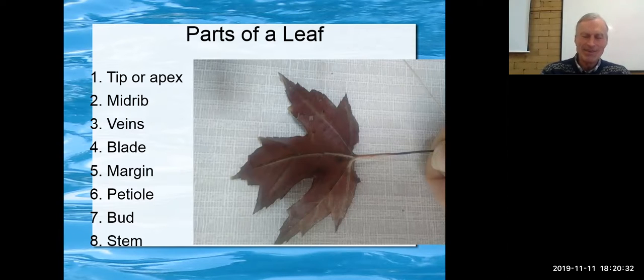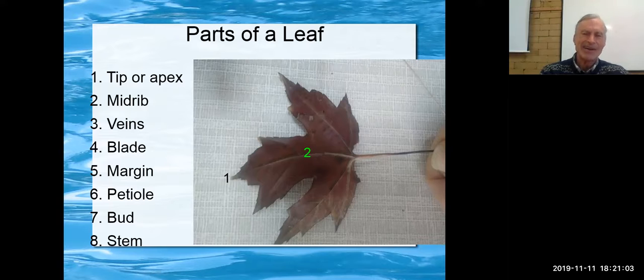And the midrib, there's the midrib. And the veins, you can see the veins. There's one of them. But that's almost another midrib going to the other tip. And the margin on this one is not very smooth like in the last one.